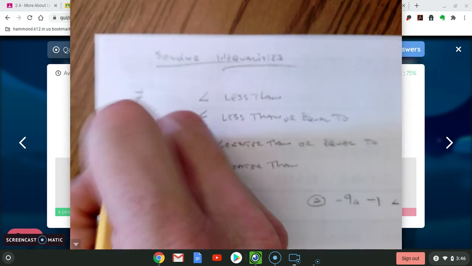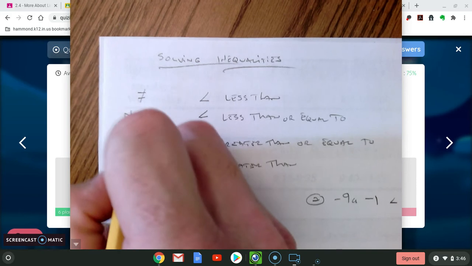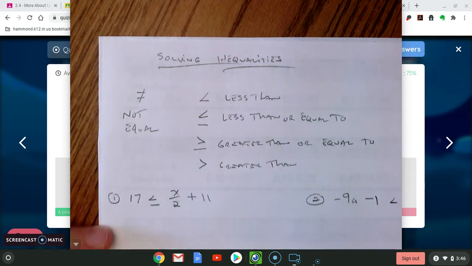And we also use this symbol to represent not equal. It's pretty rare that you see that in an equation in algebra class, but you may run into it in some other situations. So we've got these symbols, okay?